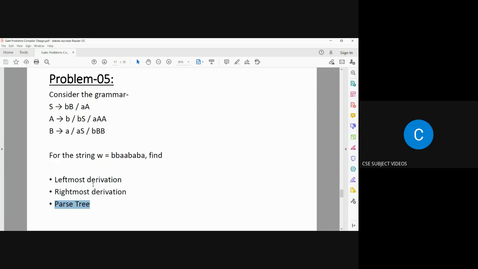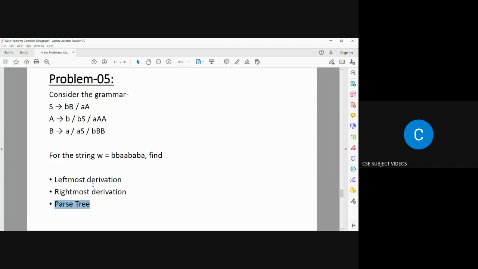The process of deriving a string is called derivation. The geometrical representation of a derivation is called a parse tree or derivation tree.